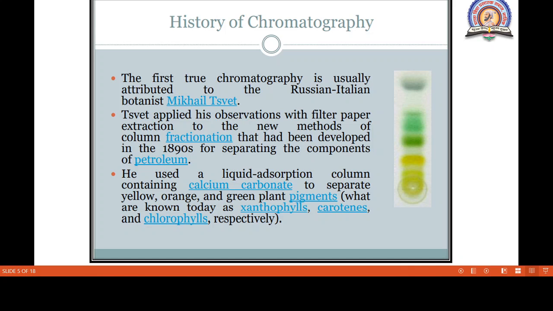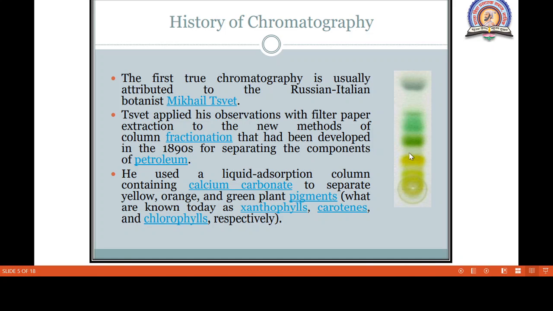He used a liquid adsorption column containing calcium carbonate to separate yellow, orange and green plant pigments, known today as xanthophylls, carotenes and chlorophylls respectively.